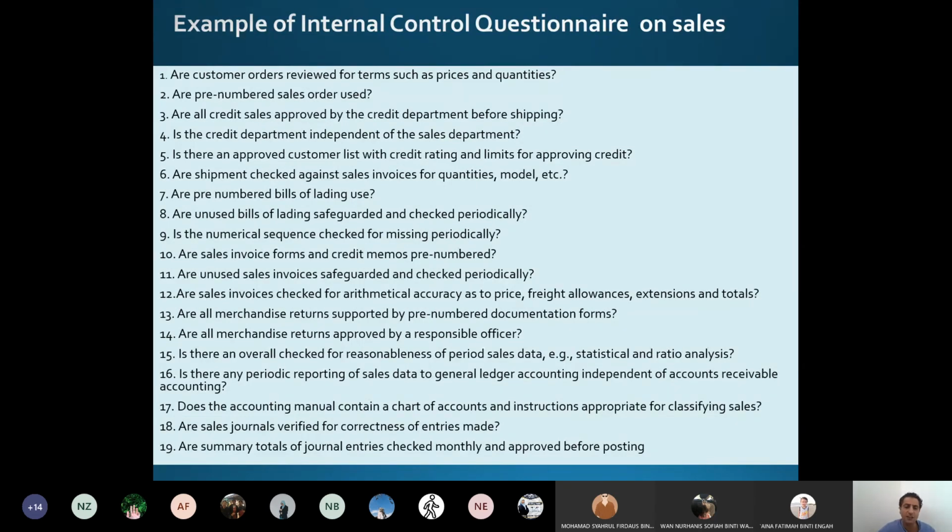If they have it, then we consider this company is trying to control, with good intention, the accounts receivable collection and so on. If not, then we consider this company loose in terms of accounts receivable collection. 16.